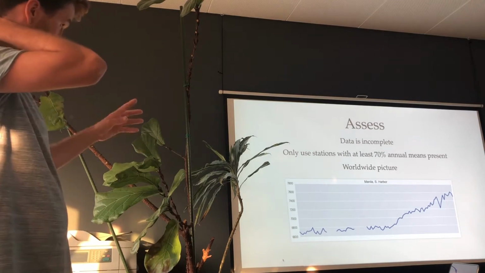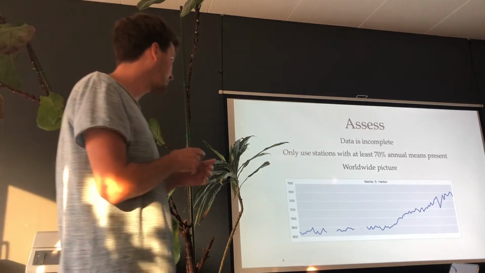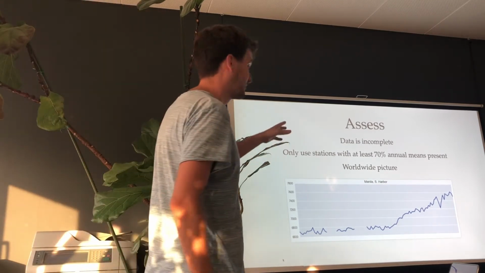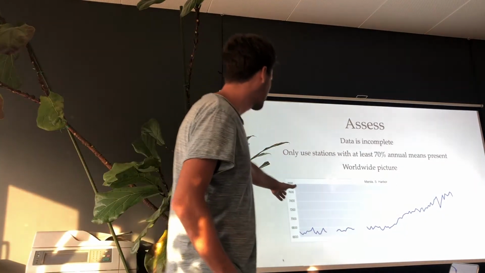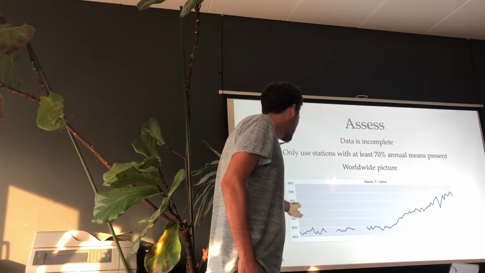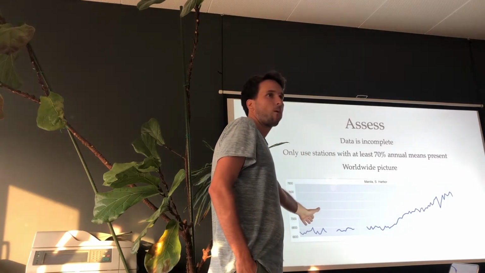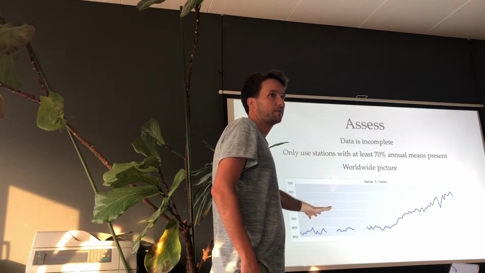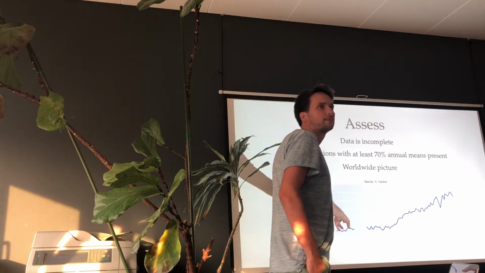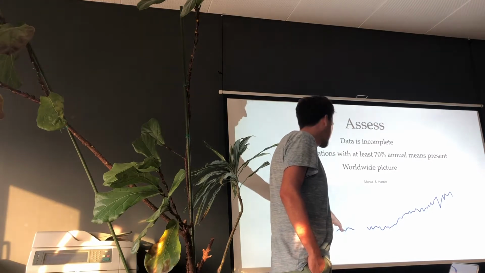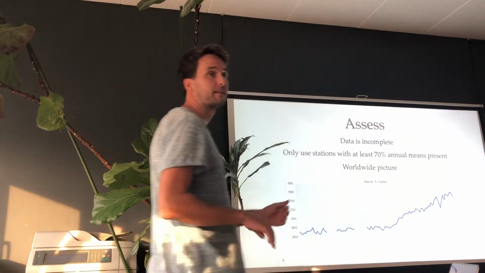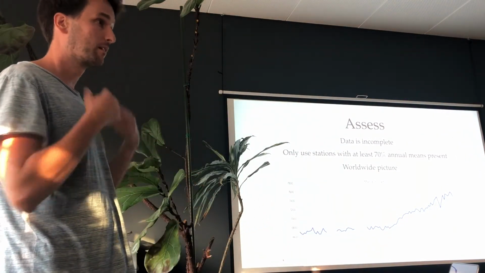So I had this data from the Permanent Service for Mean Sea Level, and this is the station in Manila, and you can already see the problem of this data, that the data is incomplete. Sorry that there is no axis, but down here should be the years, and I think Manila started about in the 40s or 50s, and then you can see this is not only 1 year, it's like 5 years with no data, and then here again 10 years with no data, and then they have data again, and that's a pattern you have a lot in this data set.